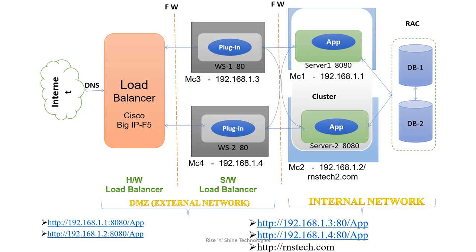Another important feature in the production environment is update. Suppose application version V1 is running, let's assume that. But the developers have released V2, the next version. Without giving any impact to the end users who are accessing it, how do we update that application from V1 to V2 without any downtime?